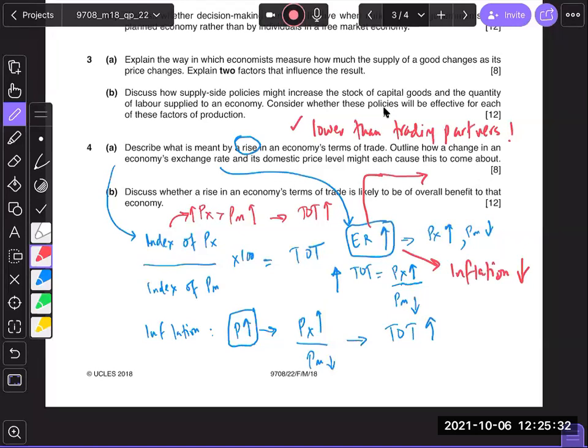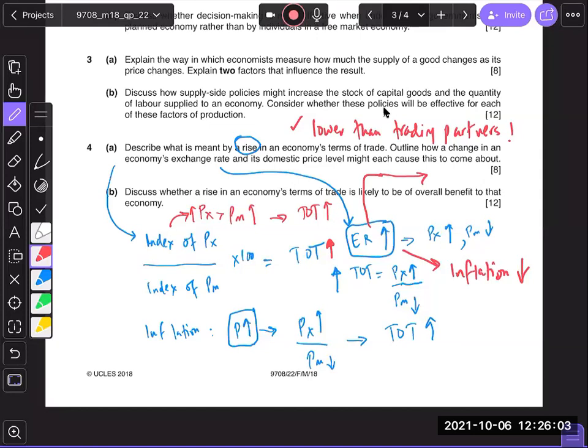Manail, when you say change in number of exports and imports too, what do you mean by that? So let me go back to the question. Describe what is meant by a rise in an economy's terms of trade: when export prices are rising faster than import prices, terms of trade will go up, and that will make the value of terms of trade exceed 100.